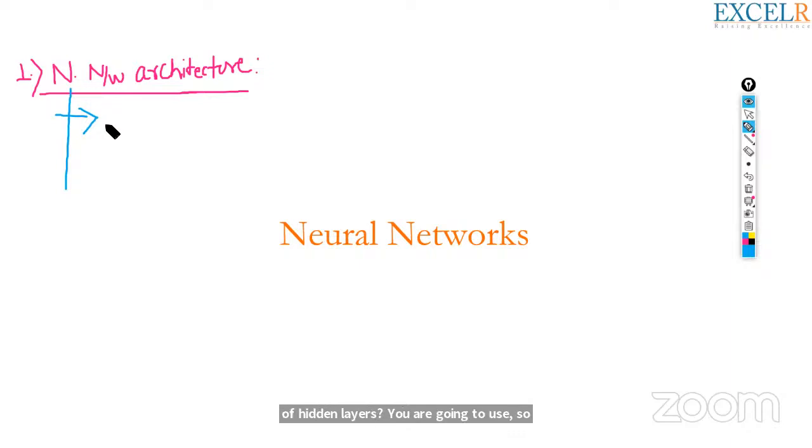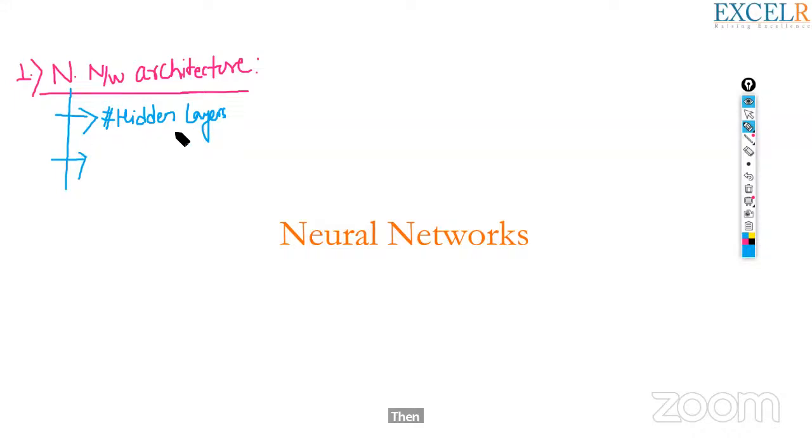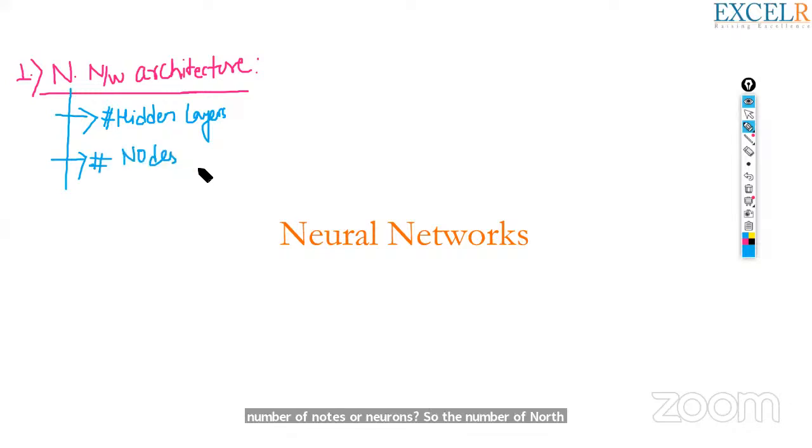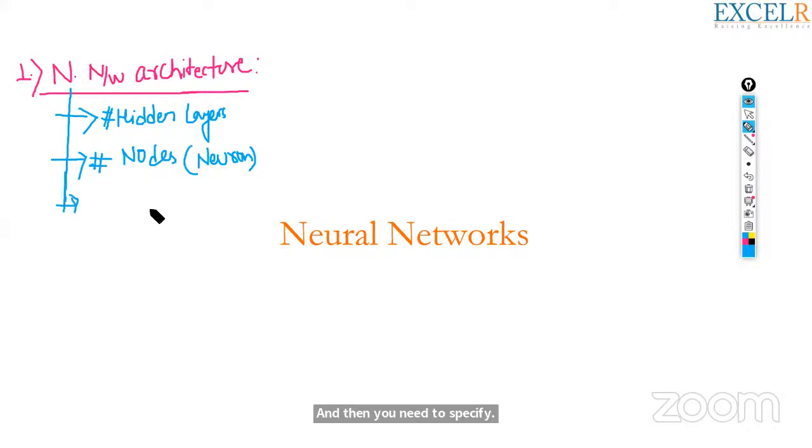So you need to define the number of hidden layers. Then you need to define within each and every hidden layer how many nodes or neurons. So the number of nodes or neurons. And then you need to specify for each and every layer what will be your activation function.